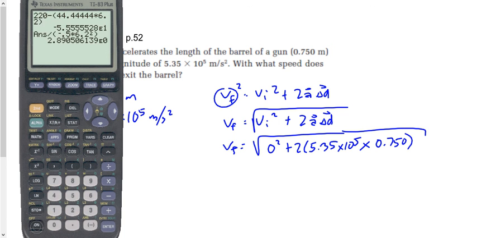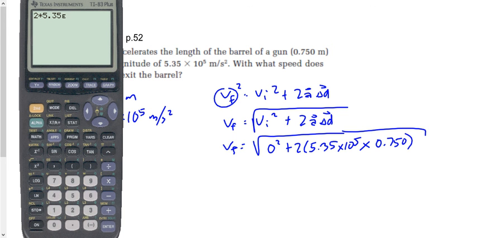Let's try this one on the calculator. We don't need to worry about the 0. Let's just say 2 times 5.35. Remember what I said with the whole times 10 to the whatever? Don't do this. Don't do times 10, this, 5, right? Don't do that. That's not the way that people that made your calculator intended you to do it. They intended you to say 5.35 second function EE.